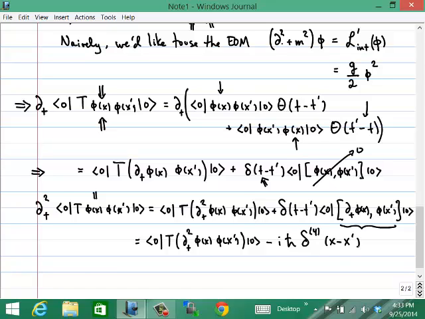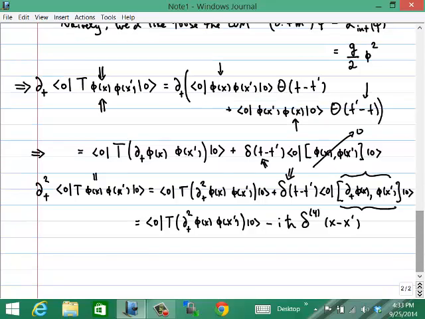Okay. The time delta function was this guy right here, and the spatial delta function came from the canonical commutation relation here, along with that factor of i h bar. And a minus sign because I have the d by dt of phi before the phi instead of after in the commutator.